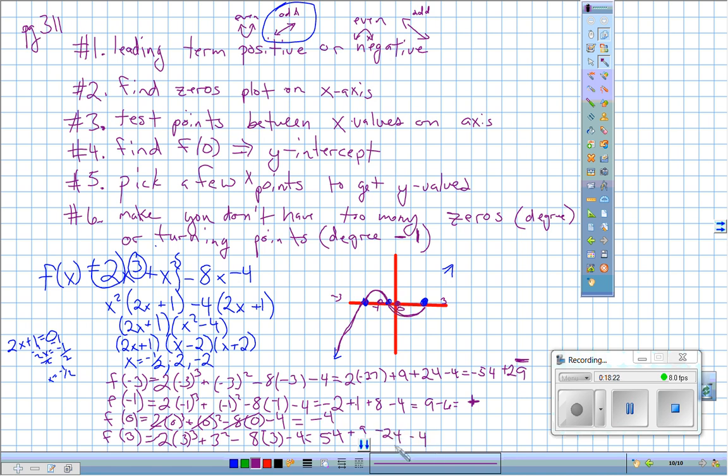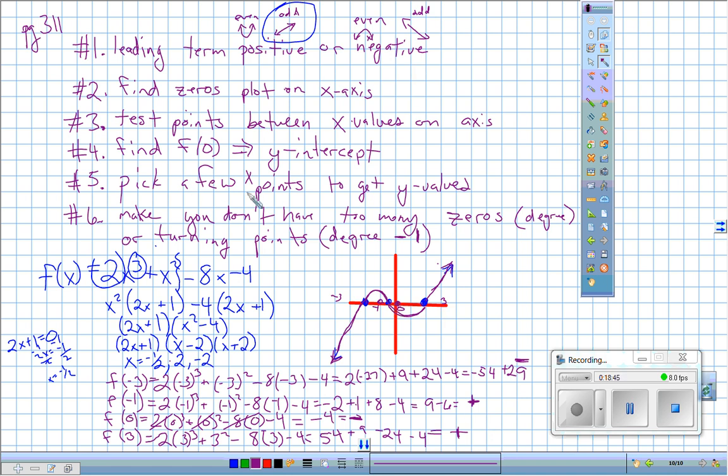This will be positive. Yay, positive. This one is negative, and I should have written negative. Okay, so this is going to go up. So everything kind of checked out with what I thought originally was my end behavior. So this makes a good check for your intervals for your end behavior.